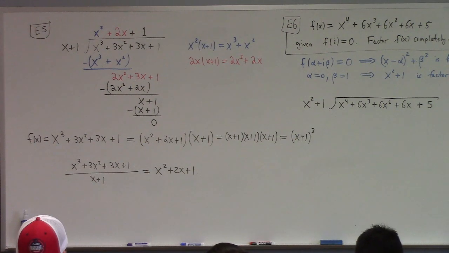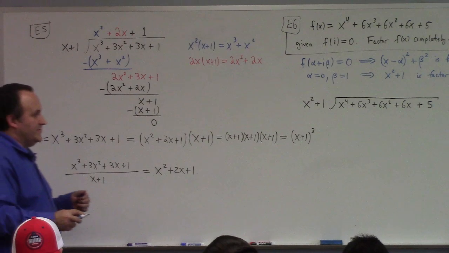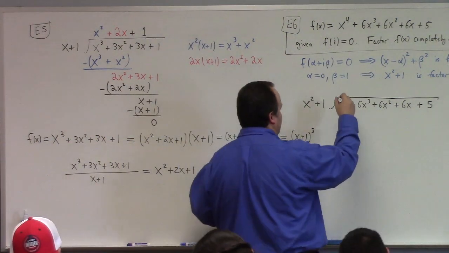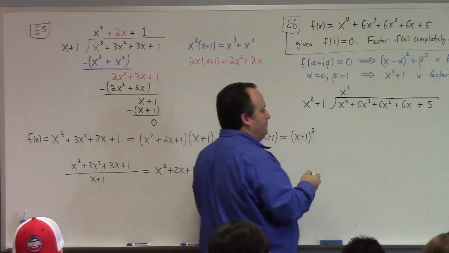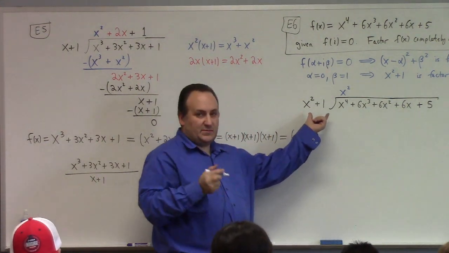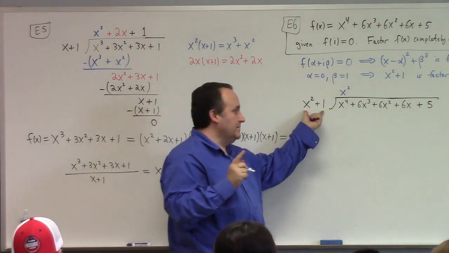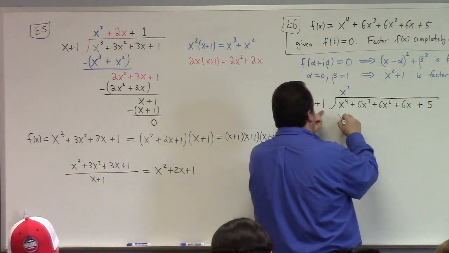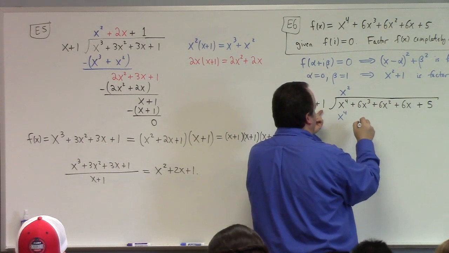So what we got here? x squared. We got x squared to start with. Now, I multiply x squared times x squared plus 1. That gives me x to the fourth. Now watch this. I want to put it where it belongs. Where does x squared belong?